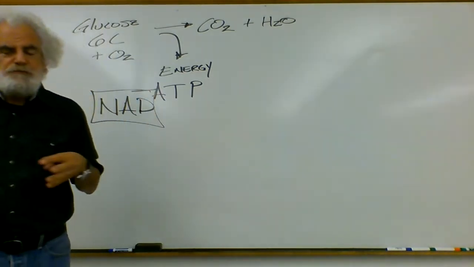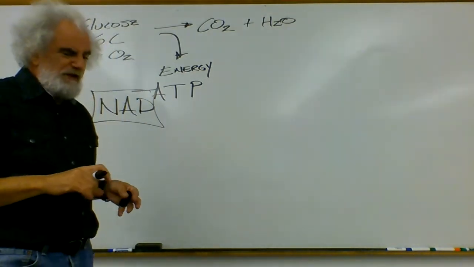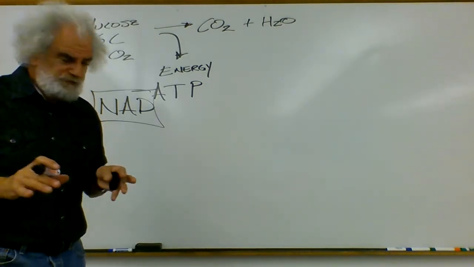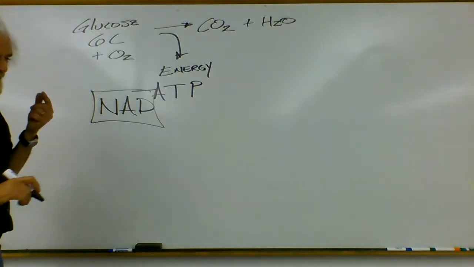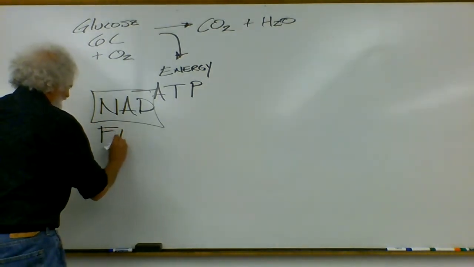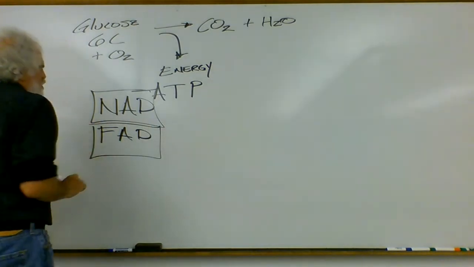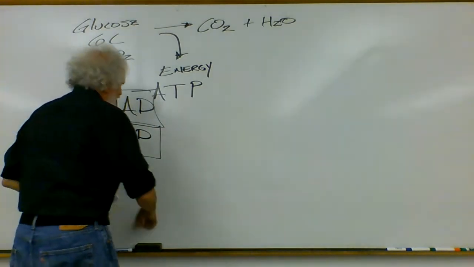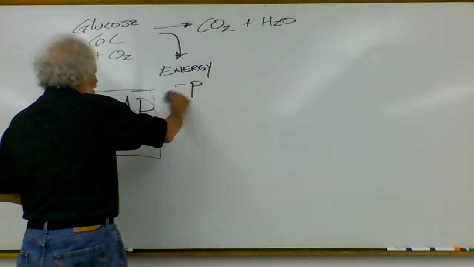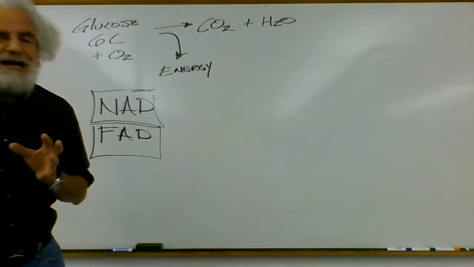There's another one of the B vitamin derivatives based on flavin that is called flavin adenine dinucleotide, also abbreviated as FAD. Now, when we draw them or write them out in this abbreviated form, FAD or NAD, this is the oxidized state.